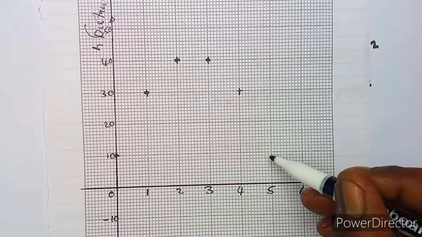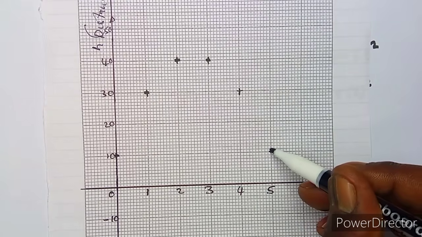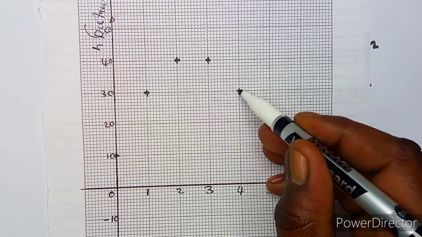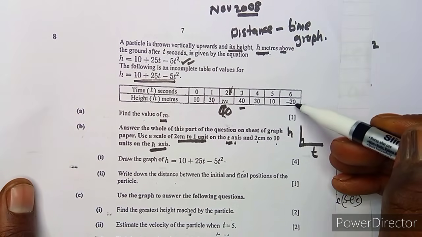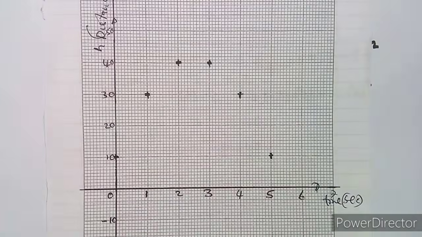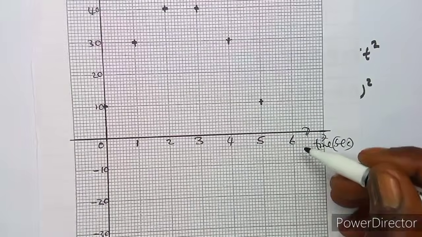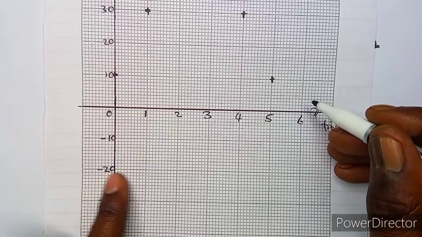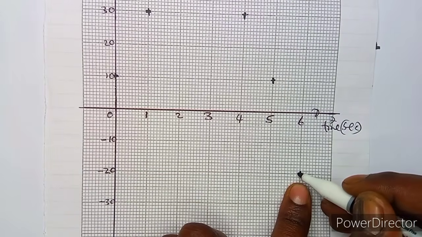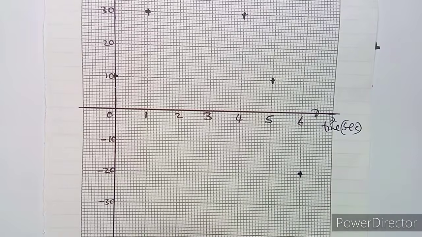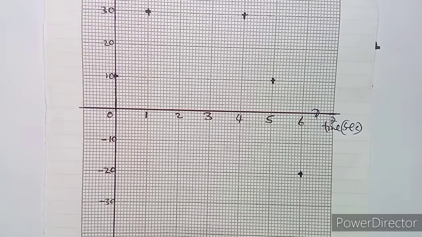So this is 5 versus 10 here. Okay, your 5 and 10. All right, so make sure all these points are visible. Then 6 and minus 20. So we're going to have the last one. 6 here and minus 20 here. So it's 6 and minus 20 somewhere there. All right, so I think all the points are there.